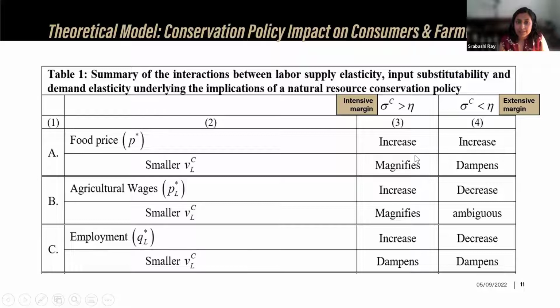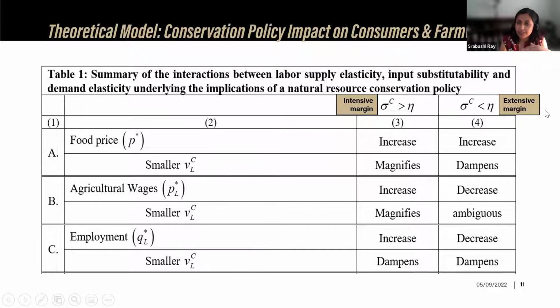If I summarize how VL interacts with sigma and eta, I just do that in this table instead of going into each of the equations. It depends upon two different cases, one where sigma is greater than eta and another one where sigma is less than eta. When a conservation policy is implemented, agricultural producers can respond on two different margins, the intensive margin as well as the extensive margin.